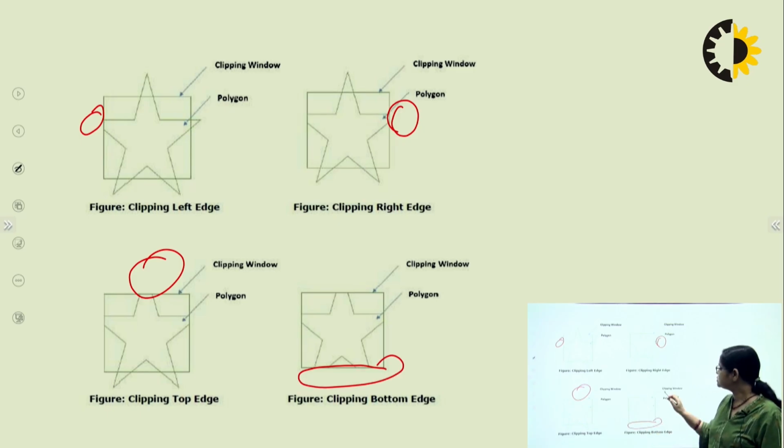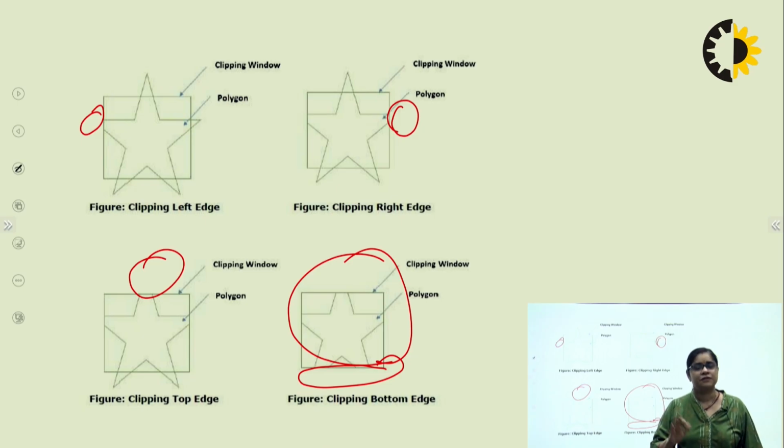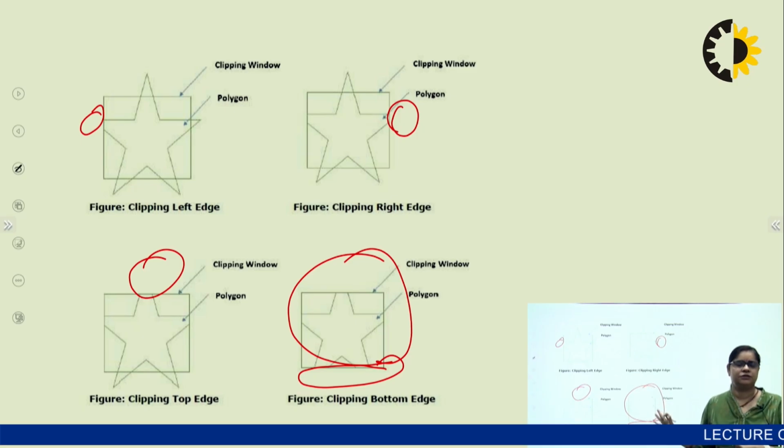So this will be the final picture after clipping according to this polygon algorithm. It is a very simple algorithm. First we clip the left side, then right, top and bottom. Whatever lines are coming outside the window, we clip according to this procedure.